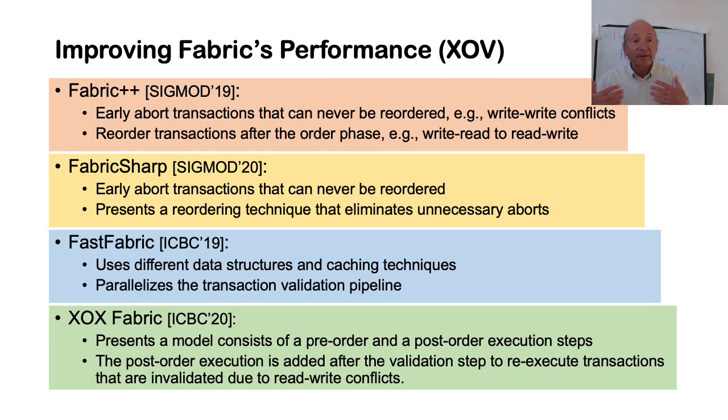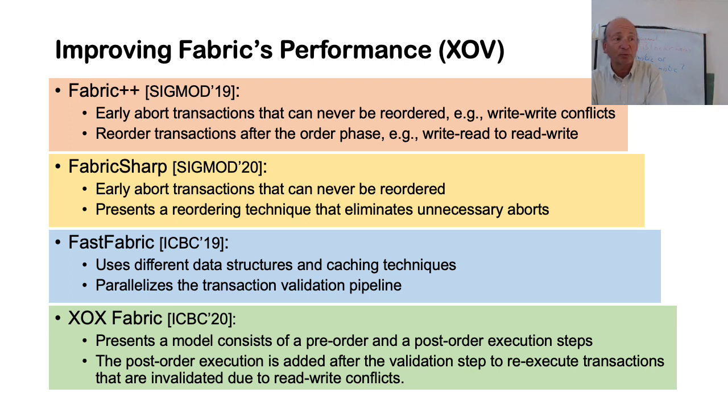Now, Fabric is actually quite popular, and as you see on this slide, there have been lots of innovations and ways in which to improve the performance of Fabric. And you'll notice these are all 2019, 2020, so very recent results.